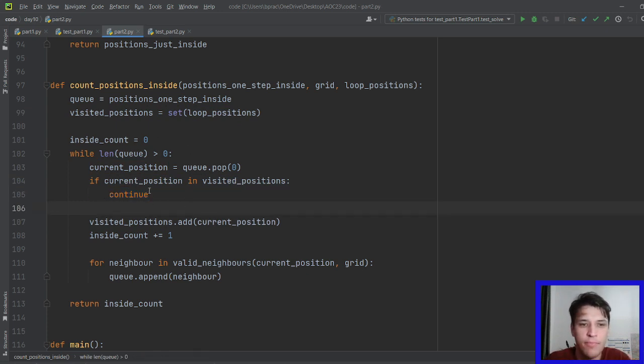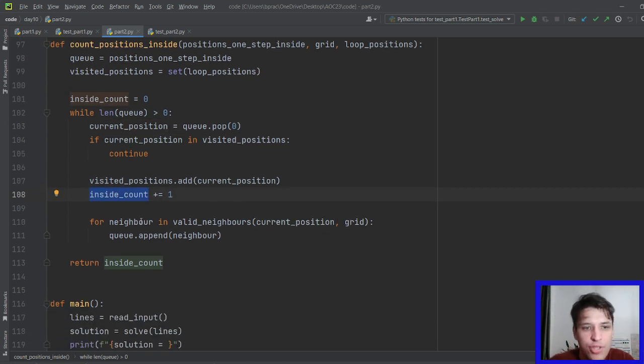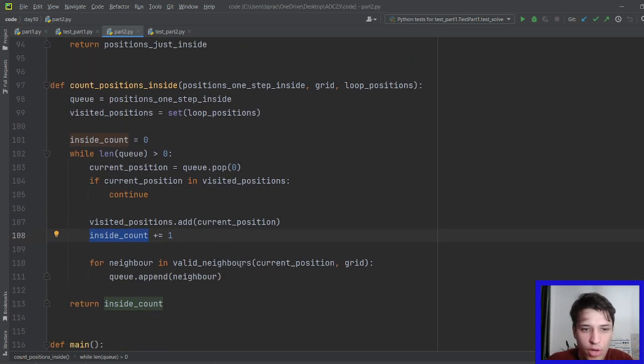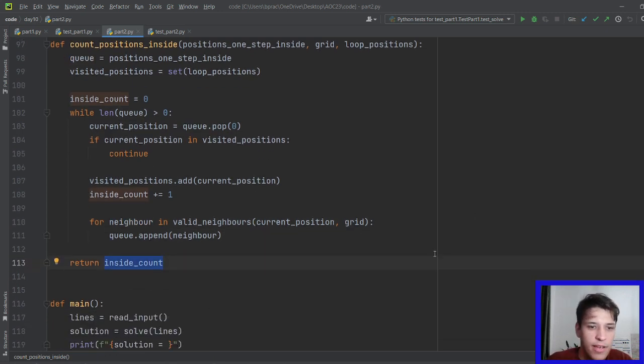Otherwise, it's a valid position inside, so we add it to the set of visited positions and increase the count of inside positions. All the neighbors of this position are potential candidates for the future, so we go through all the neighbors and append them to the queue. And yes, that will give us the inside count after we go through all the positions in the queue.